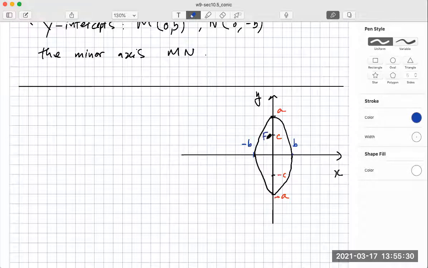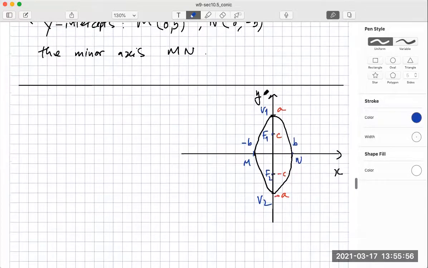Now the foci will be F1 at this point, and F2 this point, right? And the major axis now is on the y axis. So let us call it V1 and V2 here, and M and N here. The same story will be repeated.